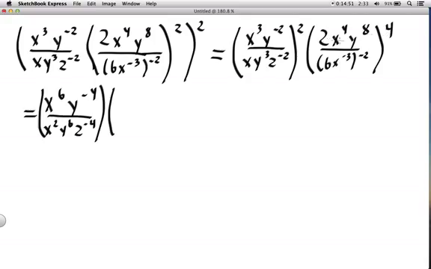So we'll have 2 to the 4th is 16. Multiply those out. And then we can do here, we have this whole term inside the parentheses. The 4 multiplies just by the outer exponent to get negative 8.